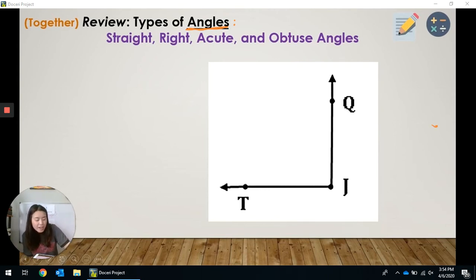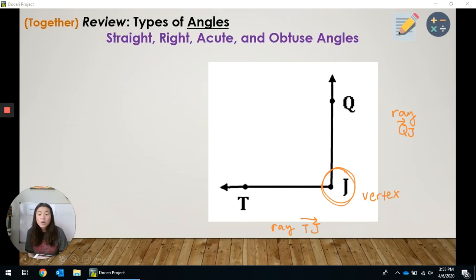So we have a ray, we have ray QJ, and we have ray TJ. Okay, so two rays. They came together at this special point right here. It's called a vertex.